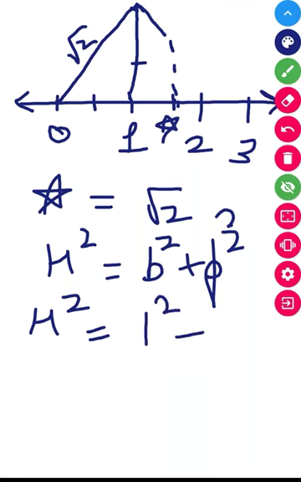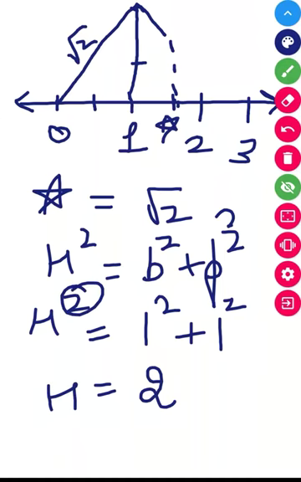This 1 square plus this 1 square becomes 1 plus 1, that is 2. This shows that this line is root 2, and we have to locate this root 2 on the number line, so we use the compass and cut the line.